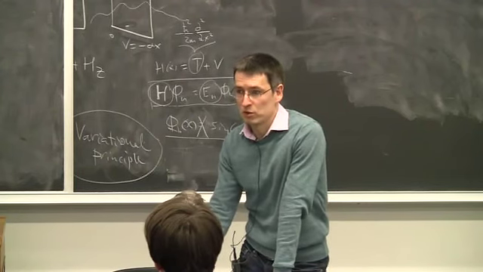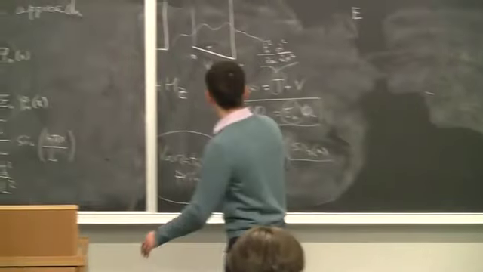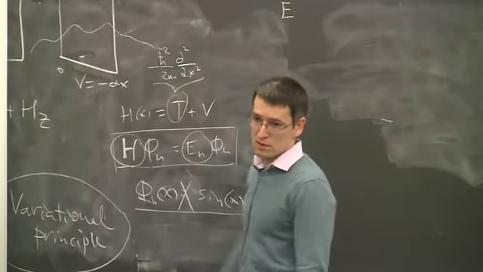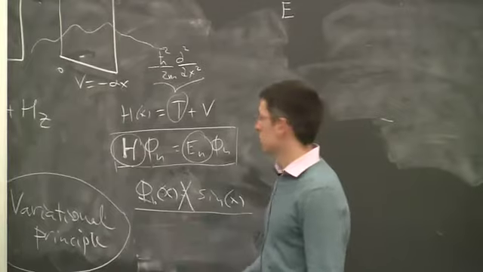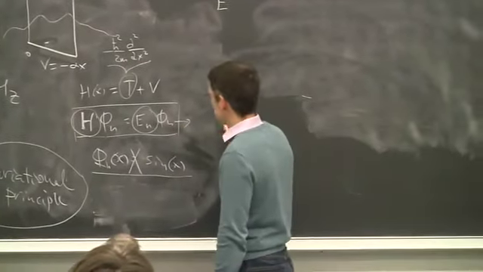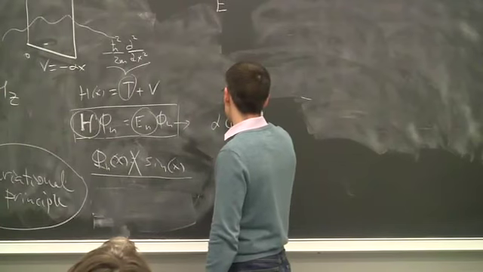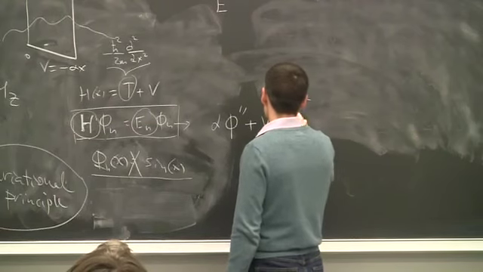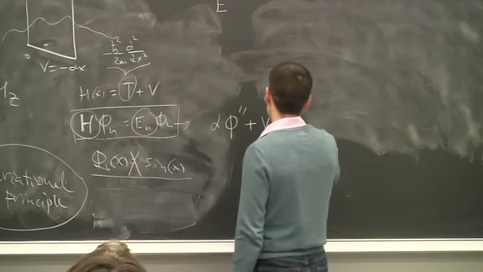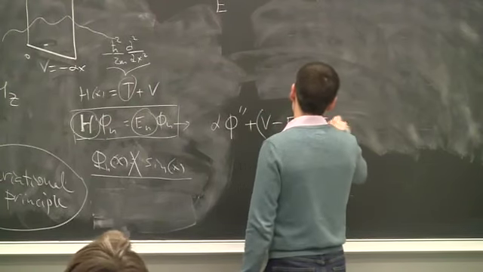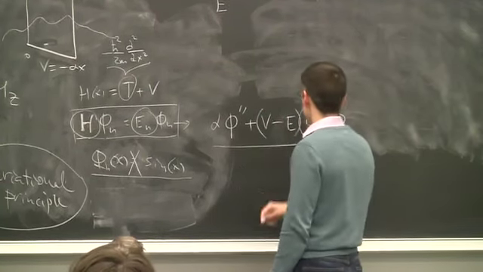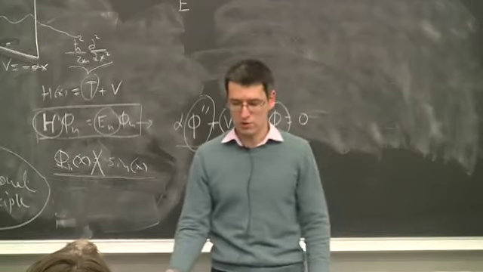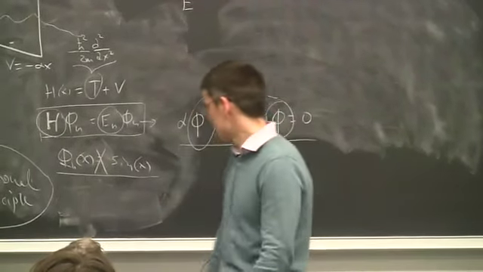So we have a connection between the function phi and its derivative, because the kinetic energy is a second derivative of the function, right? So you can write this equation as some coefficient alpha times the function's second derivative, plus some function v times the function, minus e, phi equals 0. So this is a connection between the function and its second derivative. This is kind of what by definition we call a differential operator.